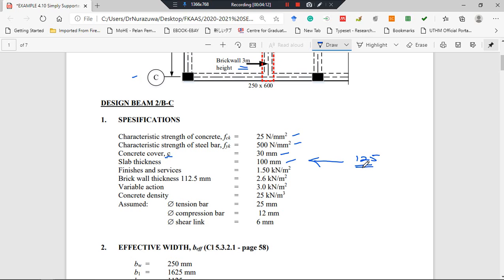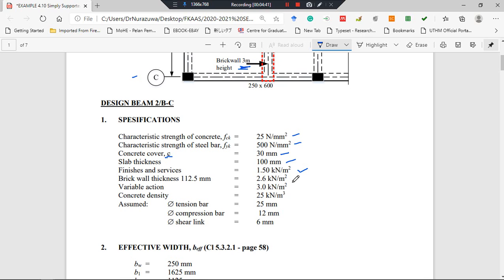Please design your slab thickness 125 millimeter and above, but this is for example purpose, so we use 100 millimeter. The finishes and services is 1.5 kilonewton per square meter. The brick wall thickness is 112.5 millimeter. So this brick wall is 3 meter height.